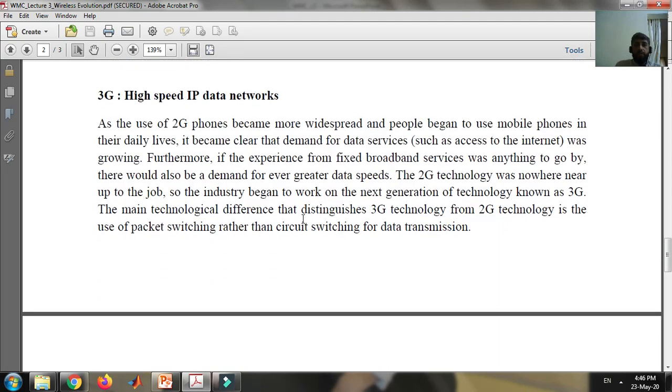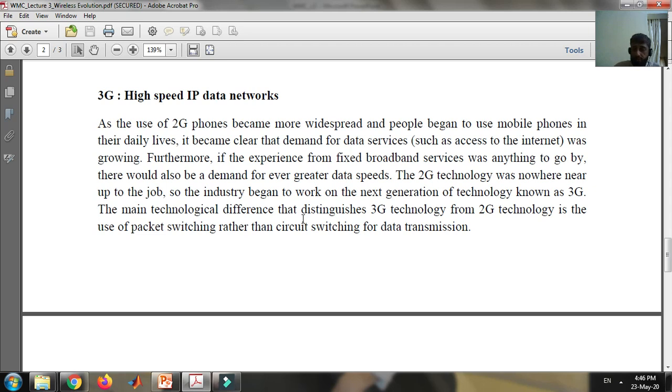After the second generation of mobile cellular technology, we eventually moved to third generation mobile technology. The main technological difference between 2G and 3G was that in 2G the switching was based on circuit switching.